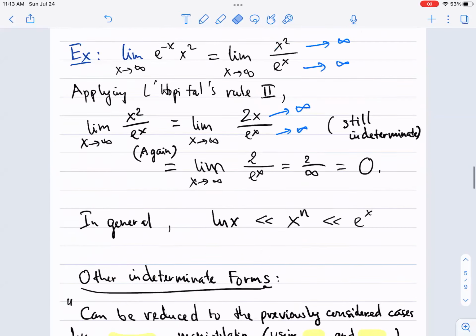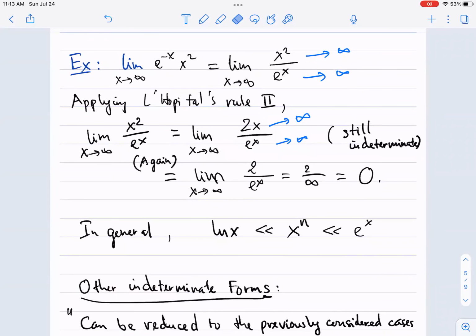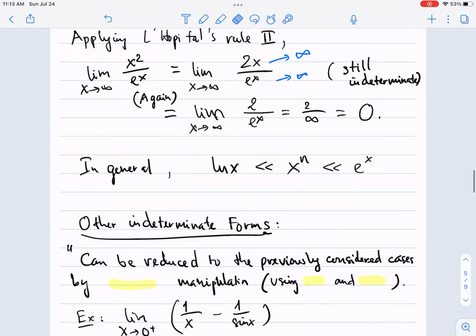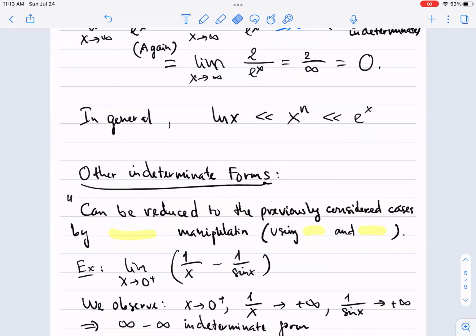So we have looked at the rules part 1 and part 2 dealing with two special indeterminate forms, 0 divided by 0 and infinity divided by infinity. How about other indeterminate forms? Well, the general framework is that other indeterminate forms can be reduced to the previously considered cases by algebraic manipulation.